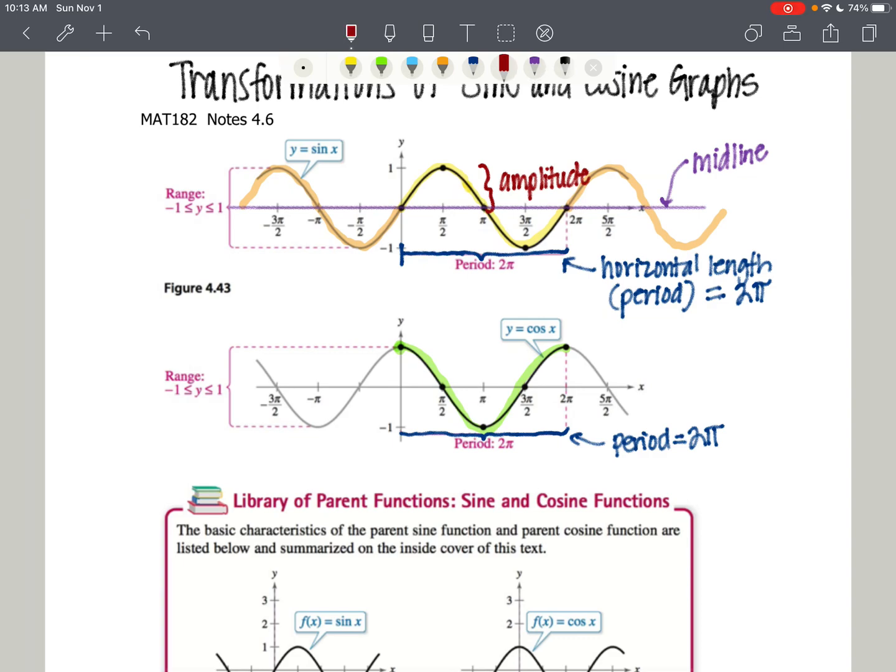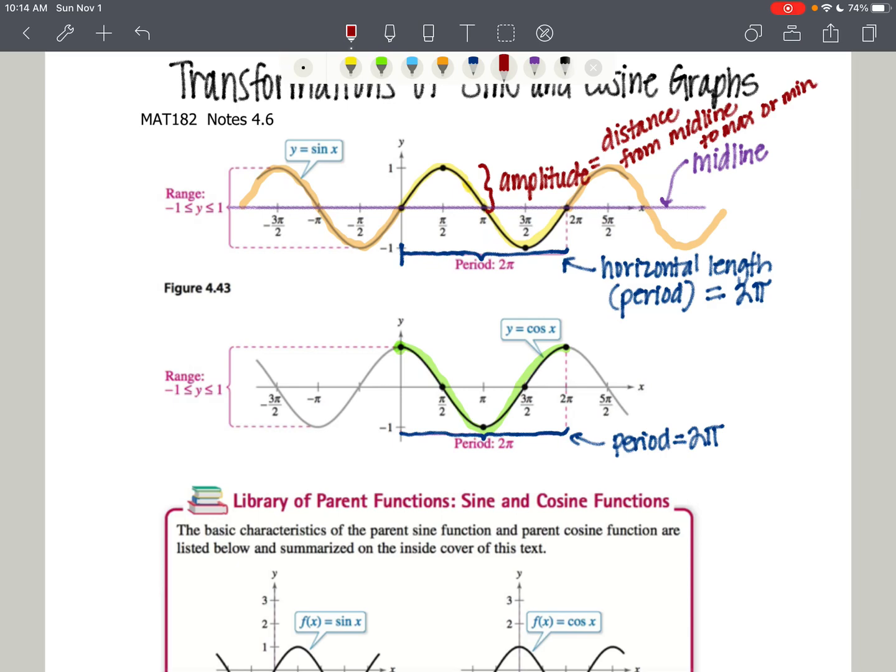So the amplitude is equal to the distance from the midline to the max, or the midline to the min. Because midline is going to be halfway between the max and the min, so it is half the distance from the maximum to the minimum.